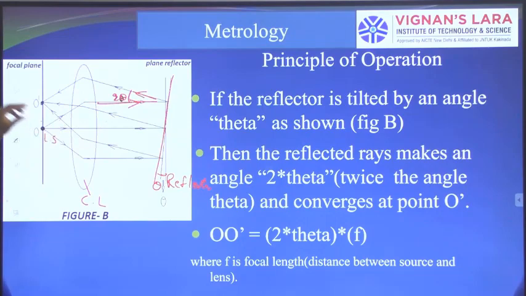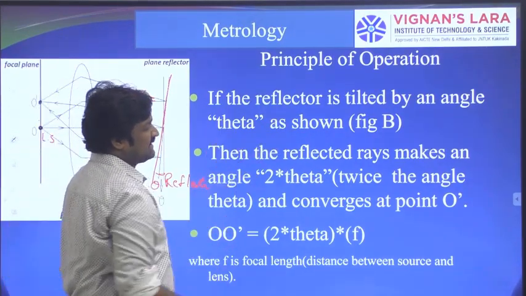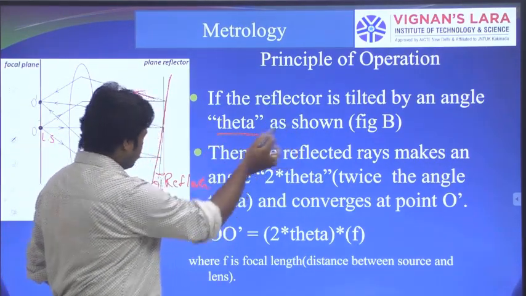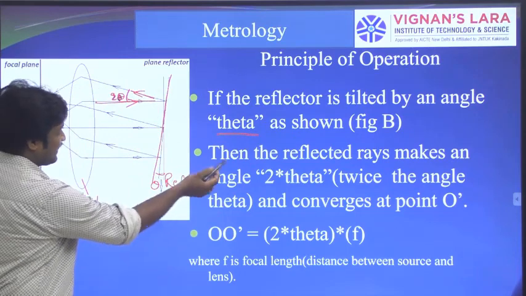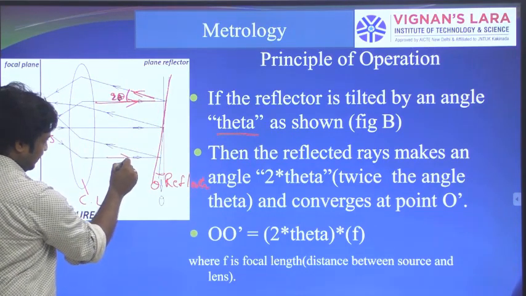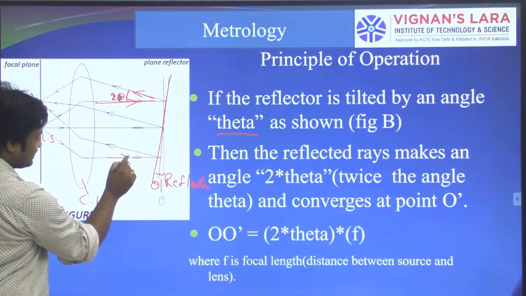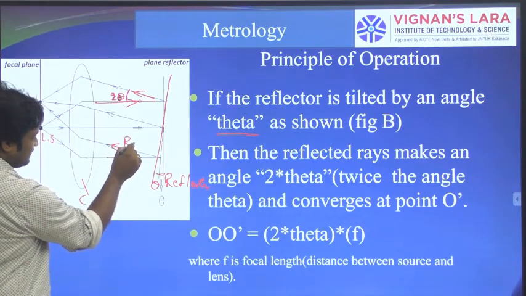It means 2 theta. If the reflector is tilted by an angle of theta as shown in figure B, then these are the projecting rays, whereas these are reflecting rays.